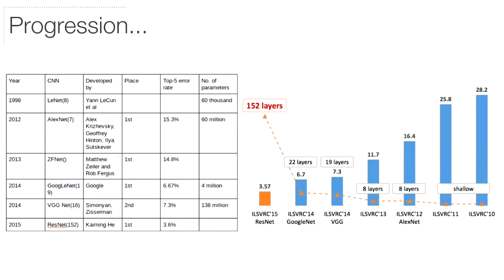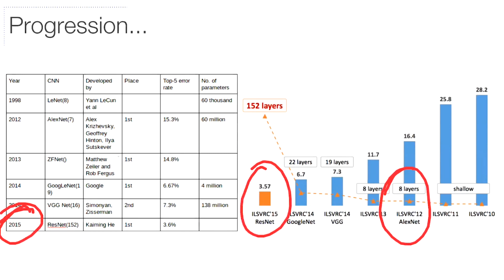These are different types of convolutional neural networks that have been in play since 2010, 2012. AlexNet had only 8 layers, if you notice here, and it won, I think, the challenge in 2012. 2015 is your ResNets, which is at an error rate of 3.57, 5.1 being human error.